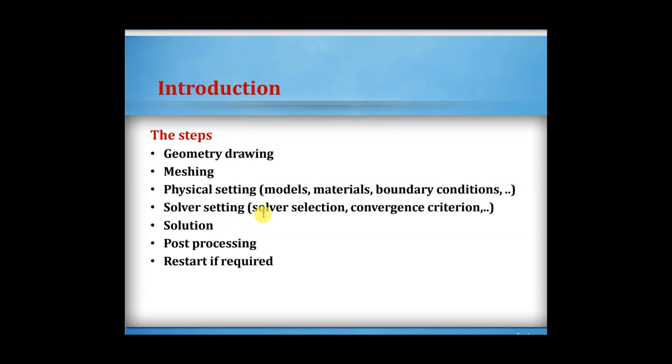The other is solver setting. You need a convergence criterion. For example, imagine you want to solve an equation by inserting numbers in it. If you, for example, insert 5, the amount will increase.